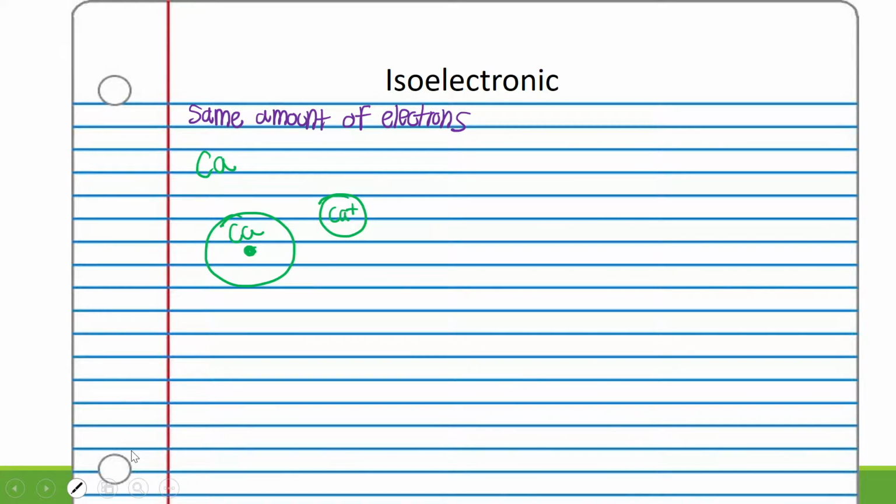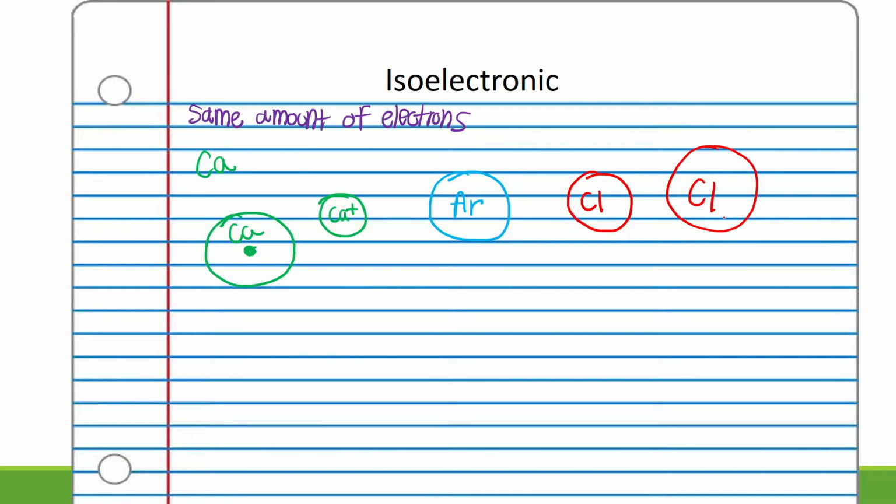Now, noble gases aren't going to change because they don't form ions. So let's just say this is argon here. Now, if we look at chlorine, which is another isoelectronic species, let's just say chlorine looks like this. Now, when we form the chlorine ion, chlorine is going to look something like this.